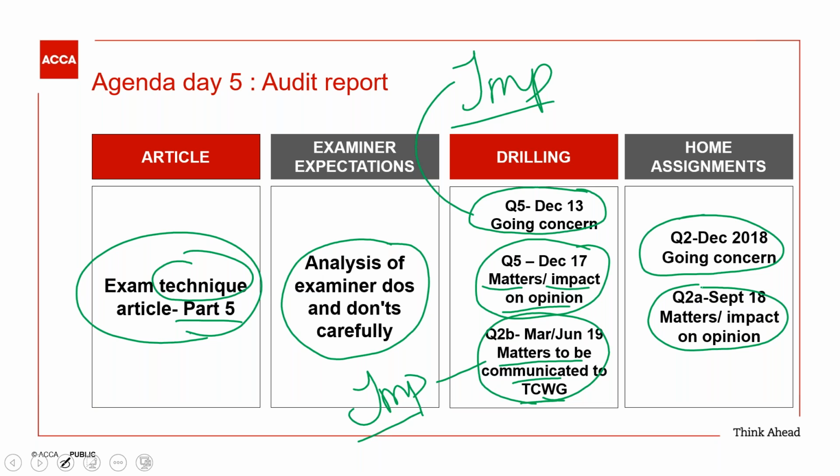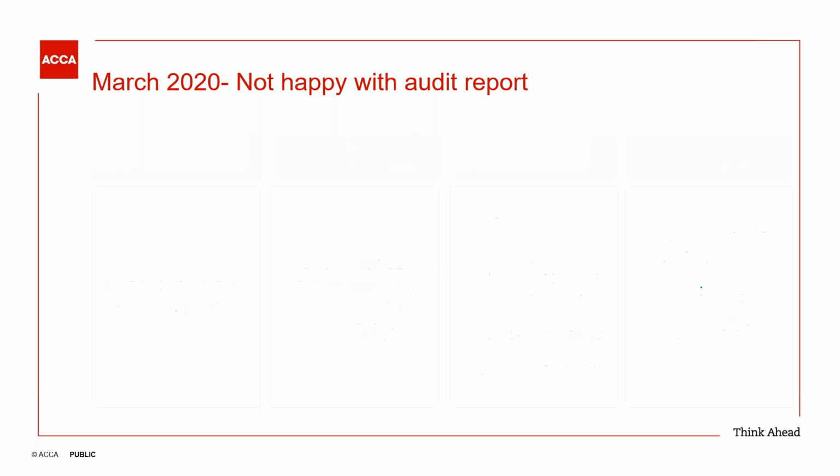Now, starting the session and focusing on what you need to know about the audit report. On the first day of the webinar, I was discussing with you the criticism of the examiner and the March 2020 paper, which is the most updated paper on the ACCA website.